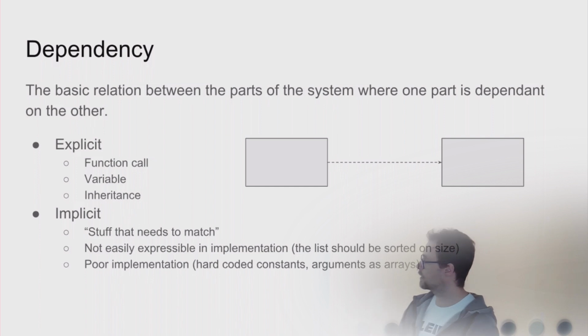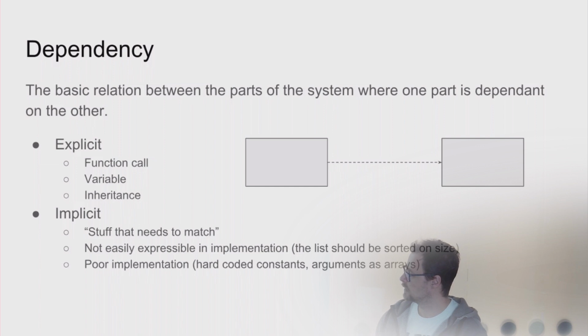Another thing that I see sometimes is a function that has a lot of arguments of the same type. We could maybe imagine a registration function. You want to register a user, and you send in a username and an email address and a password and maybe other things also.